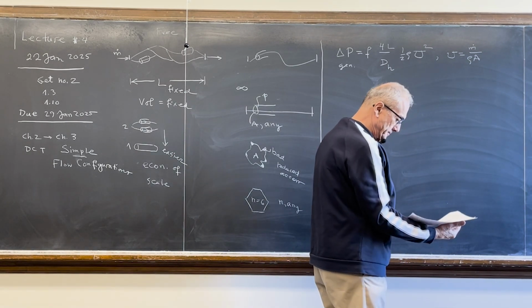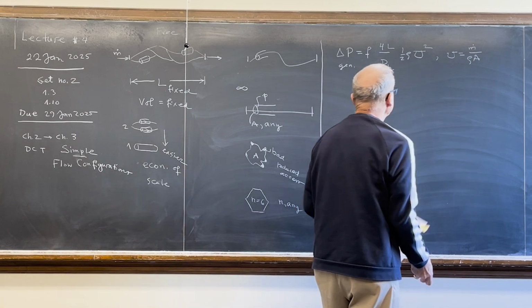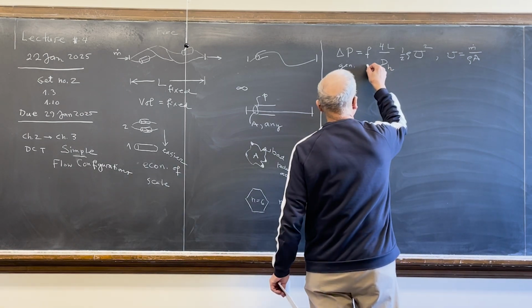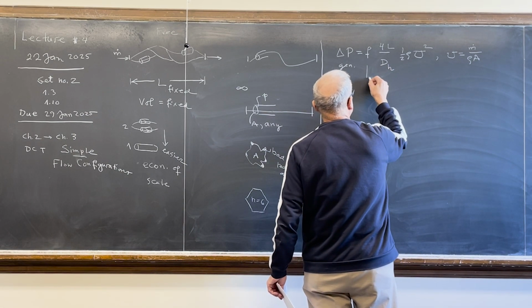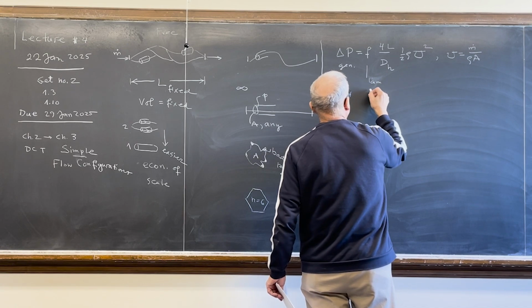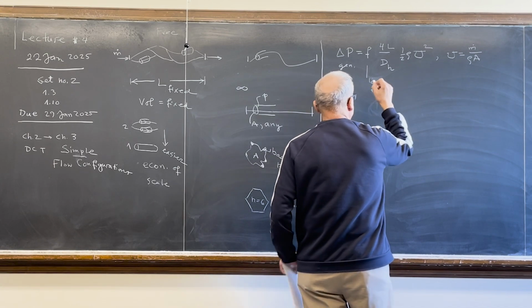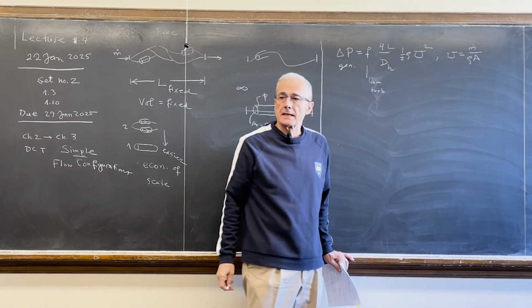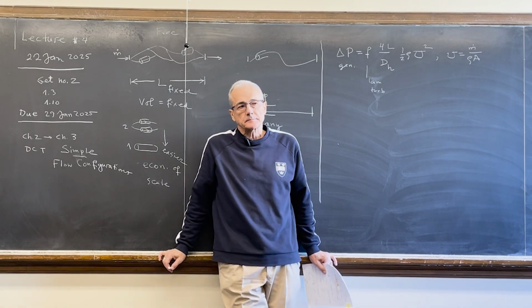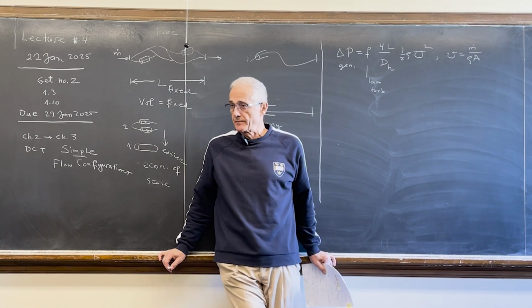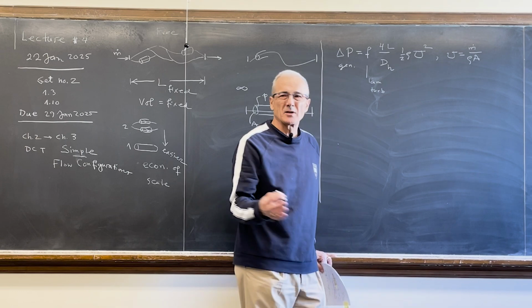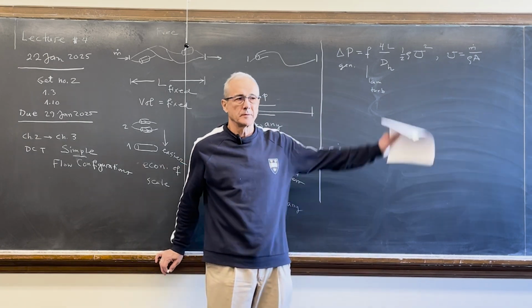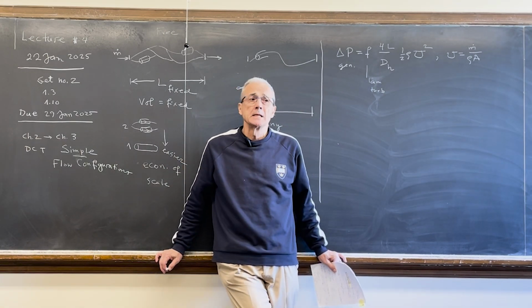And the friction factor depends on flow regime, laminar or turbulent. We'll see how it does. In the beginning, we will focus on laminar flow. It's the oldest when it comes to flow through ducts and fluid mechanics.